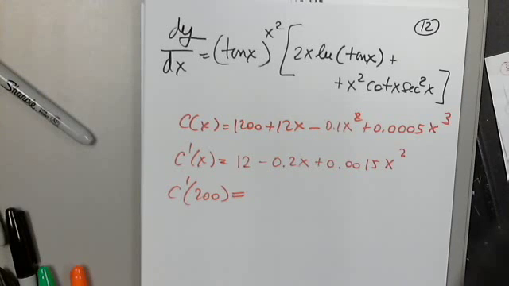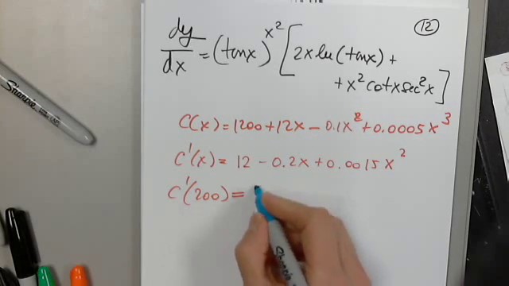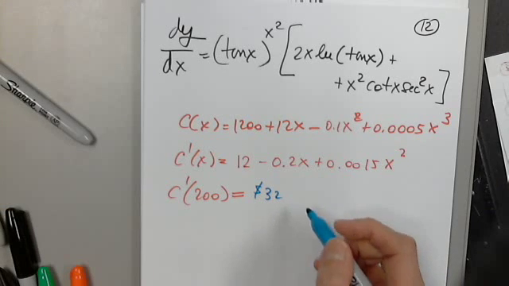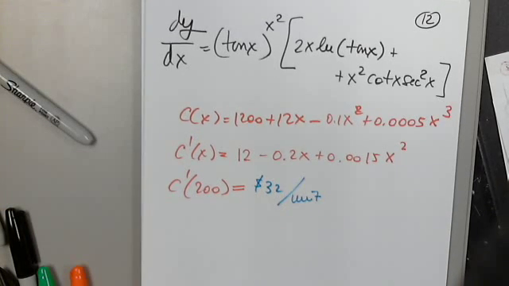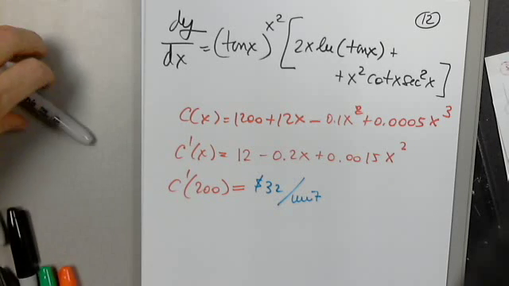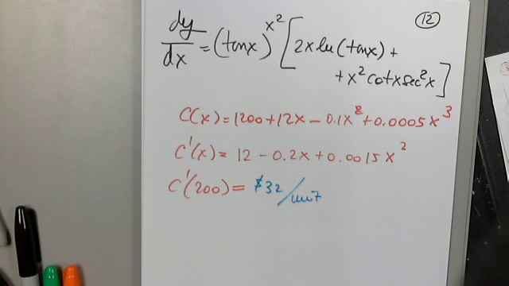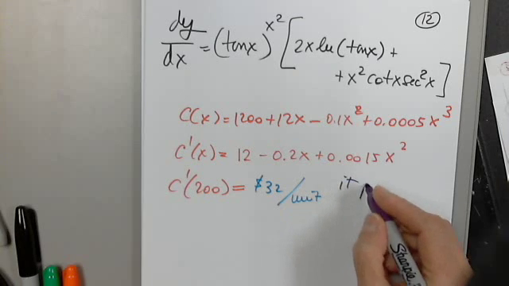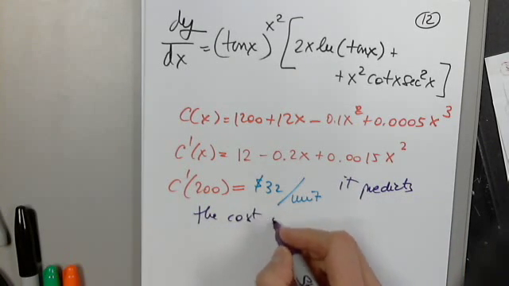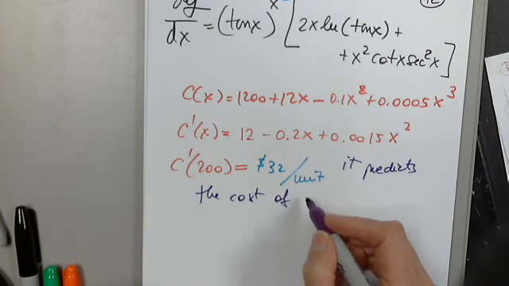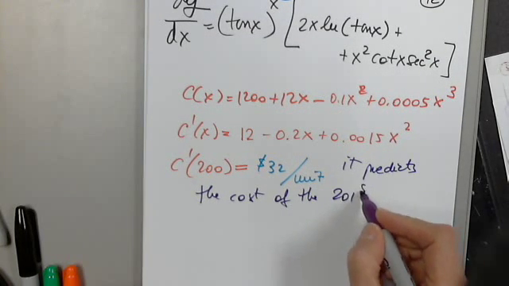We have an answer for C prime of 200? Okay, I'll determine it. 32. Per unit? Okay, what does it represent? Or what does it predict? It predicts the cost of the 201st item.